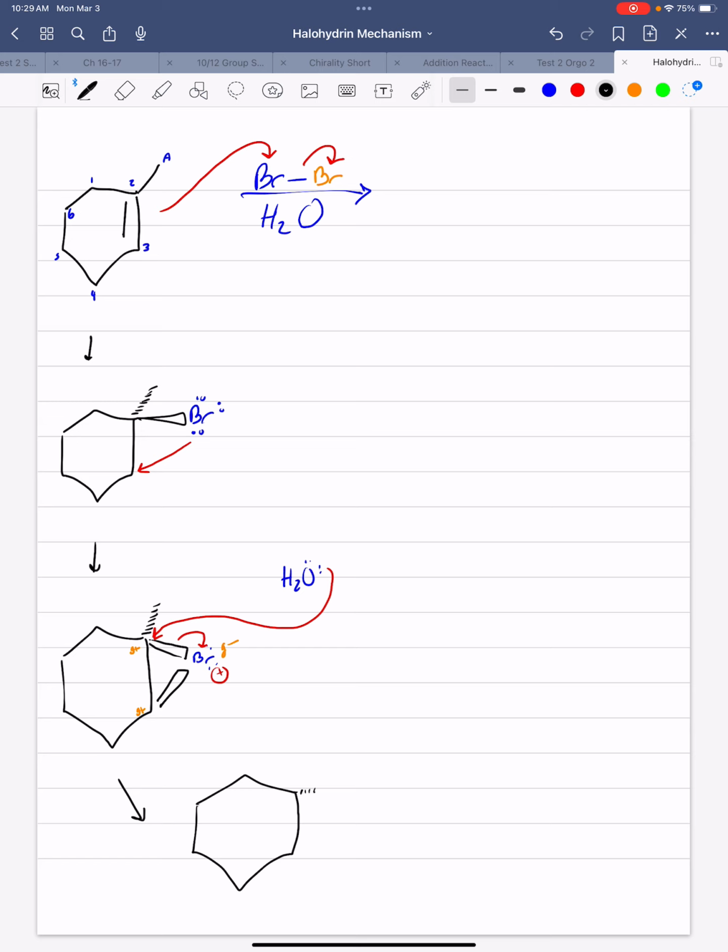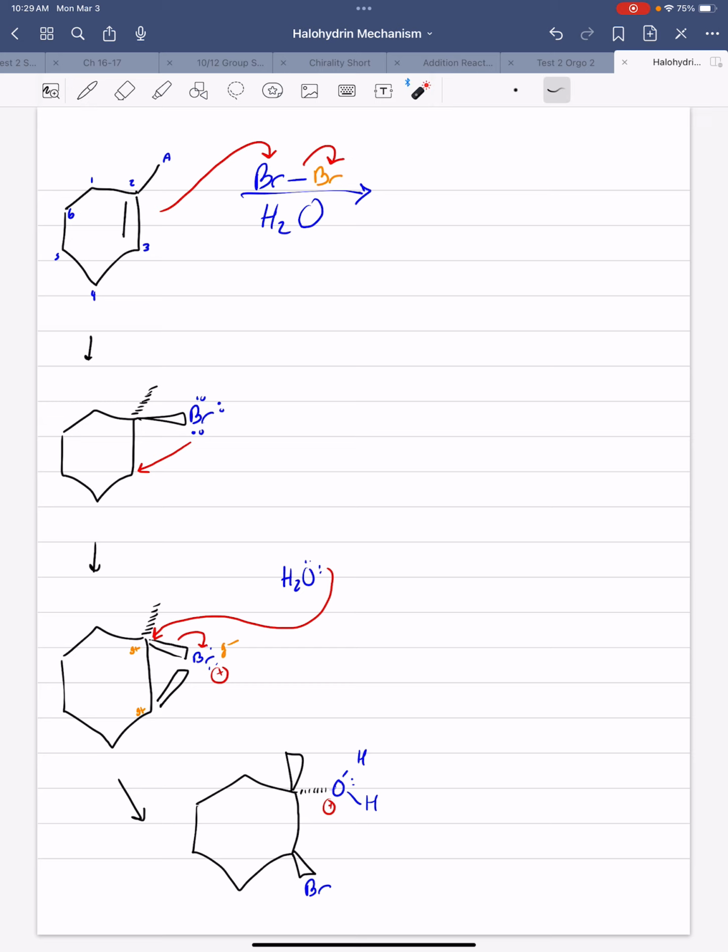Now let's invert this stereochemistry. We've got water, single lone pair, +1 formal charge, methyl group A, like that, and then this bromine down here, like this.